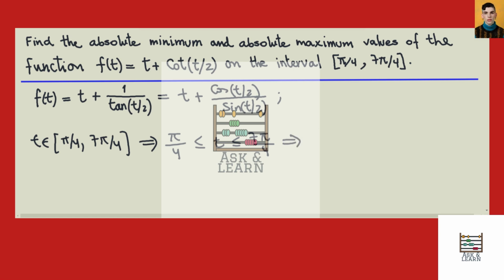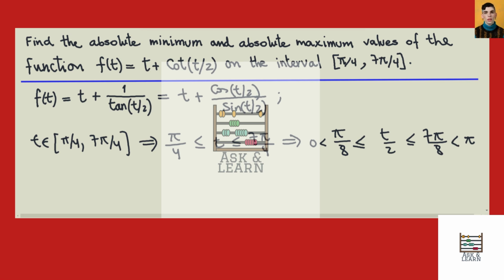That means that pi eighth is less than or equal to t half less than or equal to 7 pi eighth. And we know that this value here, pi eighth, is positive, of course, because pi is a positive number, 8 is a positive number, and this is less than pi because we have a multiple with a scalar 7 over 8, which is less than 1.